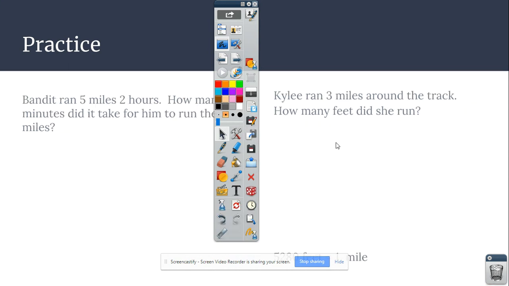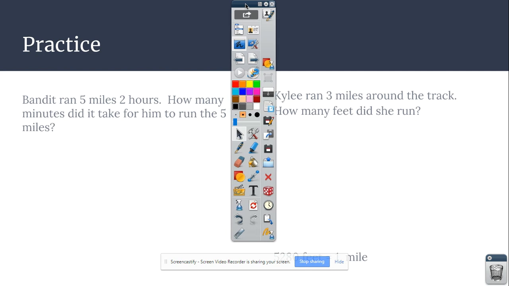And we also want to let's look at this one. It says Bandit ran 5 miles in 2 hours. How many minutes did it take for him to run the 5 miles? So once again, I'm going to draw my dimensional analysis table. 2 lines and 1 line cutting it through the middle.